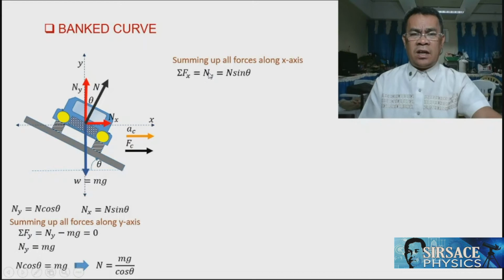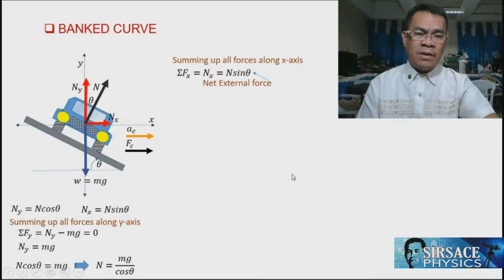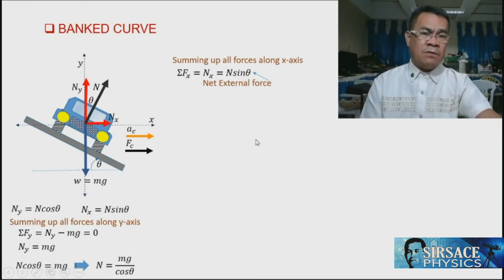So take note that Nx is N sine theta. Nx is N sine theta. So therefore, take note, this is the net external force. So therefore, in that case, we will not use the second law.